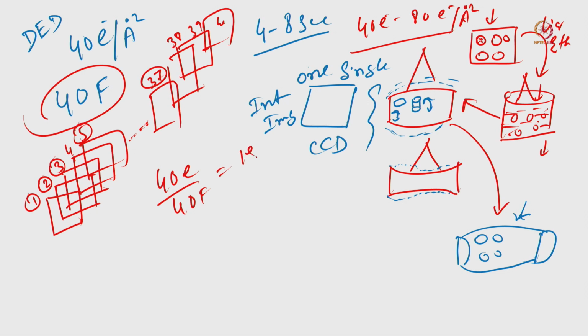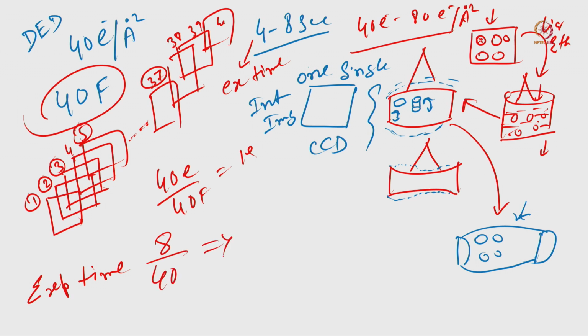Now, this is our exposure time. If my exposure time is 8 seconds and 40 frames, you get how many seconds per frame.